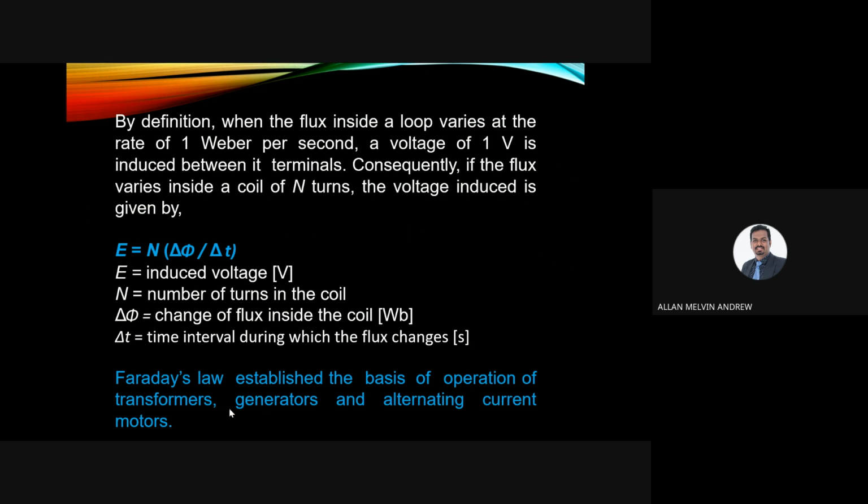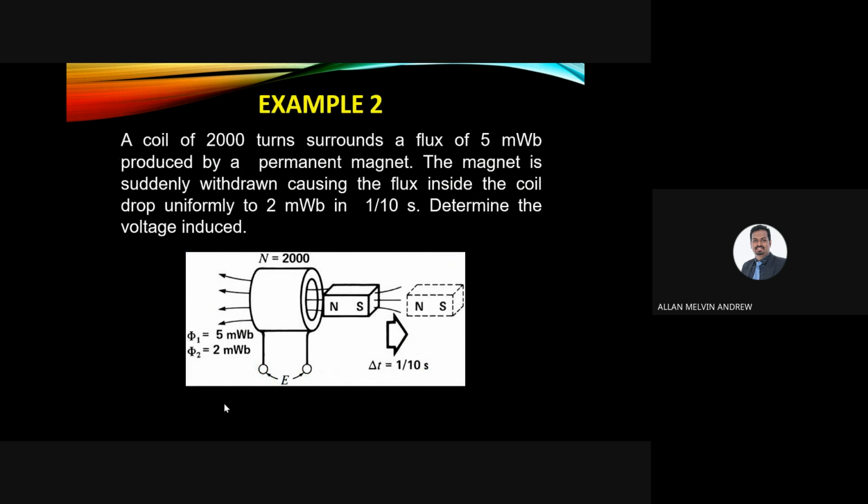Okay, we will see one example. Example 2. A coil of 2000 turns surrounds a flux of 5 milliweber produced by a permanent magnet. The magnet is suddenly withdrawn, causing the flux inside the coil to drop uniformly to 2 milliweber in 1 over 10 seconds. Determine the voltage induced.